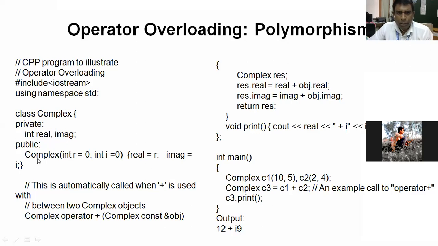In public, we are creating a Complex constructor with two parameters, and we assign r equal to real and i equal to imaginary. This is just the constructor. Now this constructor will be called automatically when plus is used between two complex objects.